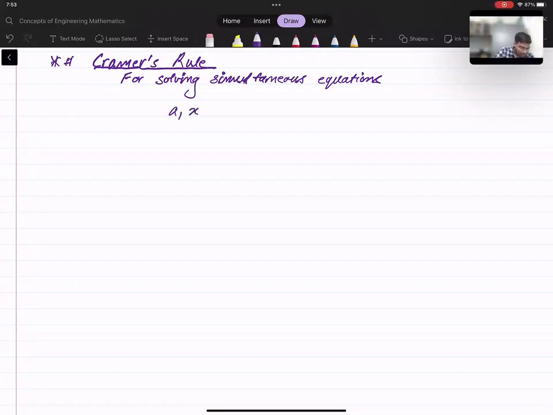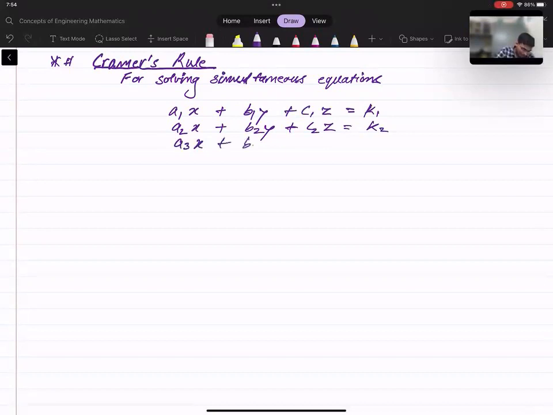So say we have a1x plus b1y plus c1z is equal to k1. Then we have a2x plus b2y plus c2z is k2, and similarly a3x plus b3y plus c3z is k3.